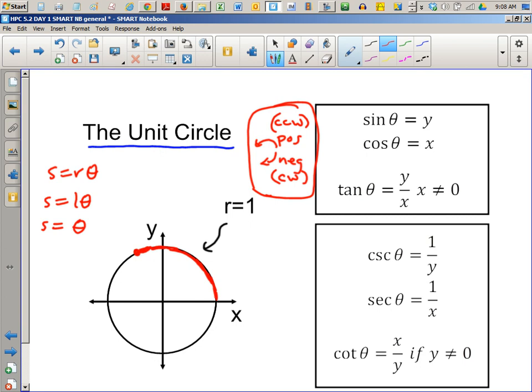Well, I'm going to end up here. Did I travel a specific angle? In other words, do I have a central angle for this arc? Yes or no? Absolutely. Definitely is a central angle.